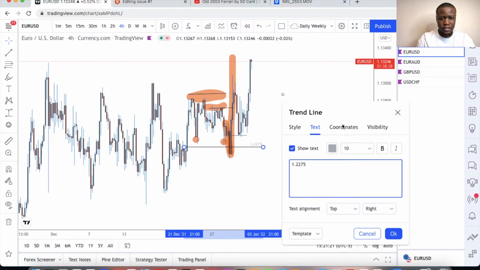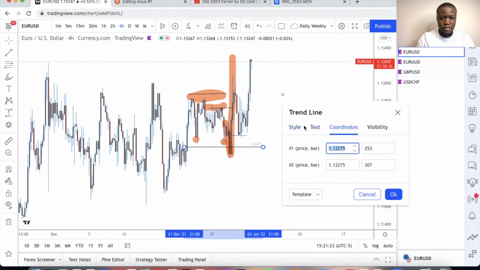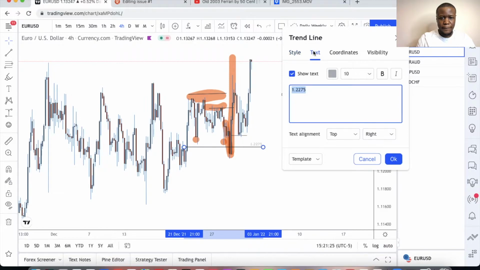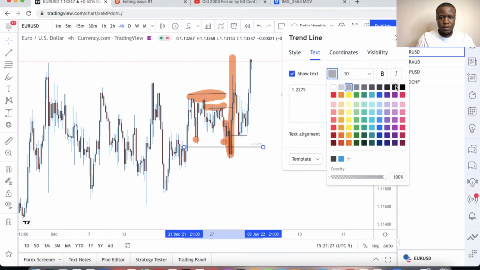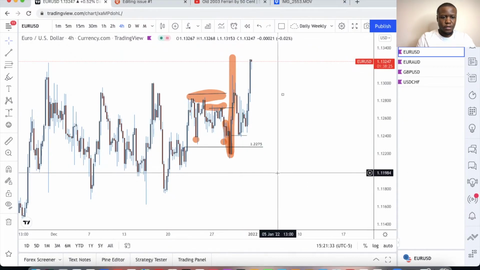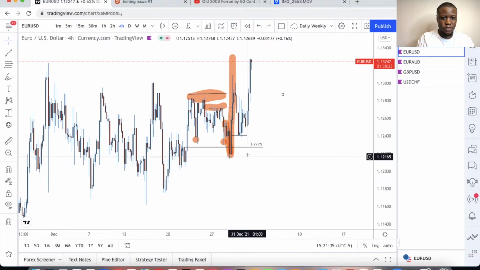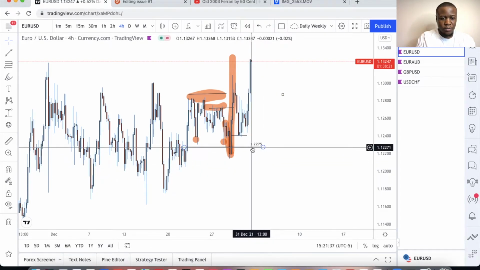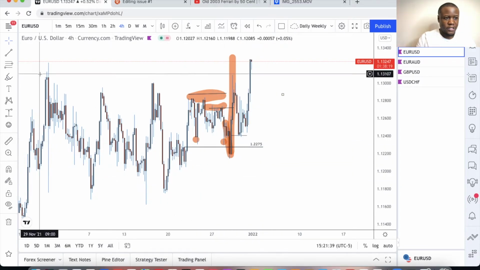That is the key level that you'll be entering your trade. All right. Okay. So you got 1.2275 as your entry.